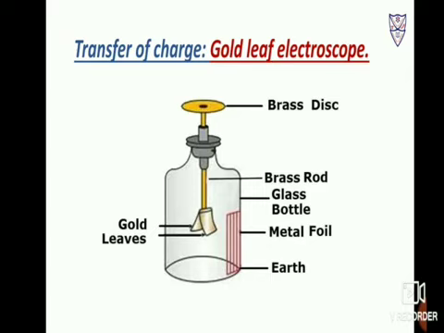When this electroscope is used, the metal foil is earthed, which we are going to learn ahead. This increases the sensitivity of the electroscope. Some electroscopes have leaves of silver, copper, aluminium or brass instead of gold.